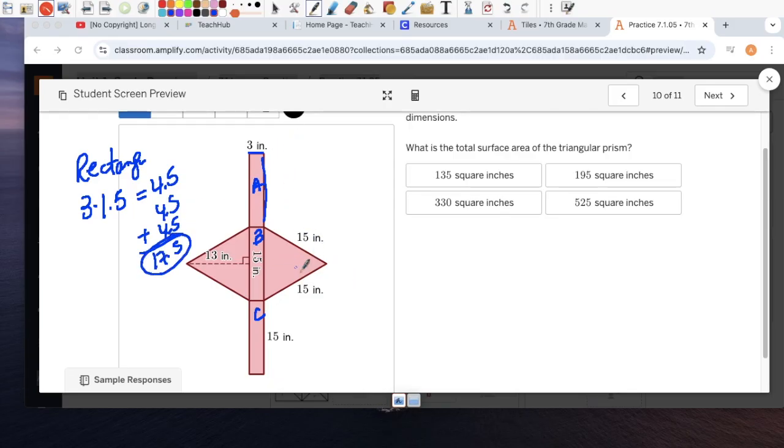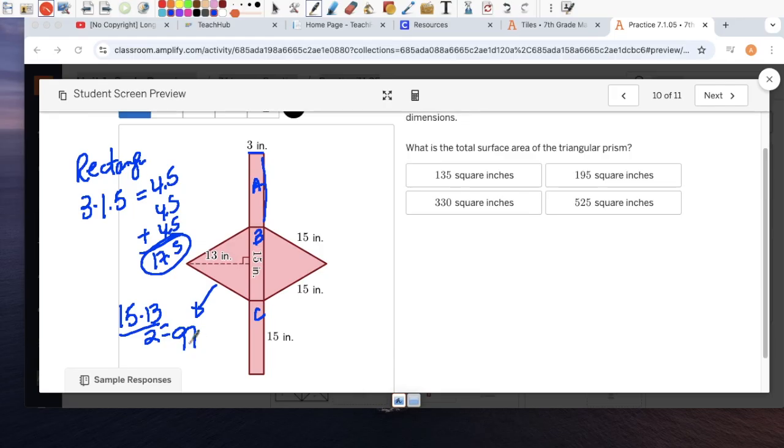Let's take care of the triangle to the left. The base is 15. I hope I'm reading that correct. For this triangle, base times height, 15 times 13 divided by 2, gives us 97.5.